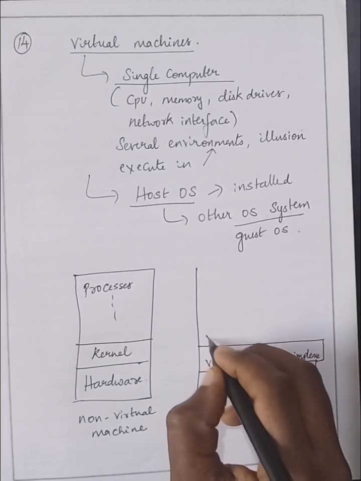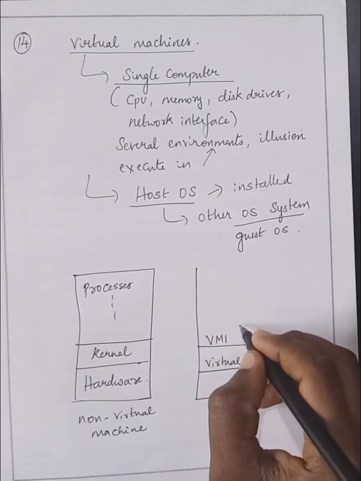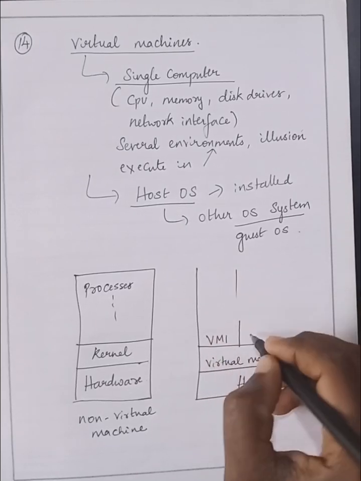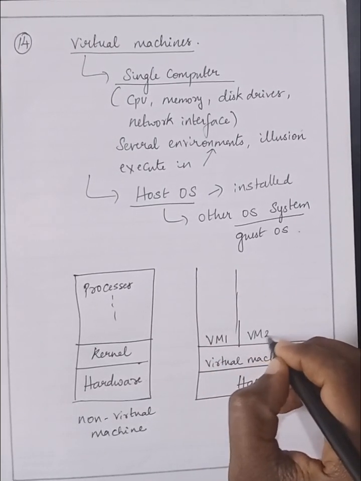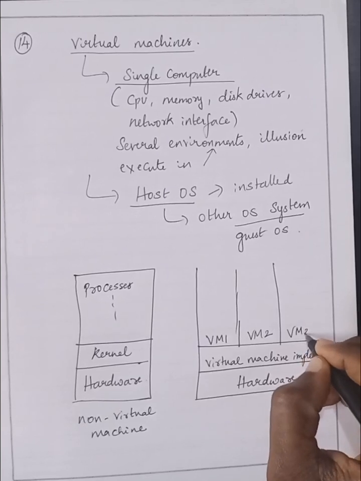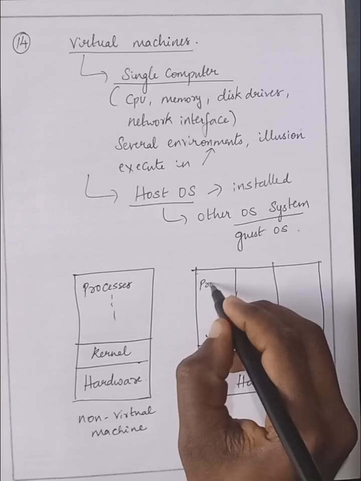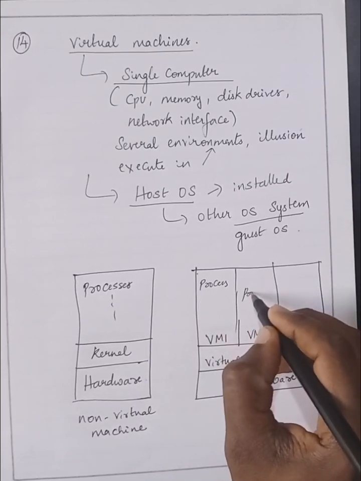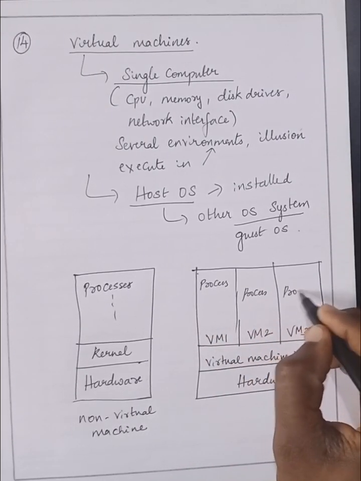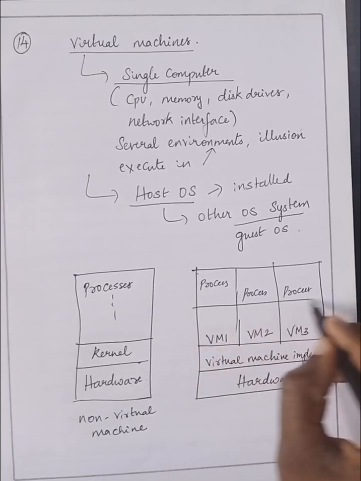So here we have virtual machine 1, another division, virtual machine 2, and another, virtual machine 3. So now in this system we have three virtual machines. Three different types of process will be running here. Getting it? We have three different processes.